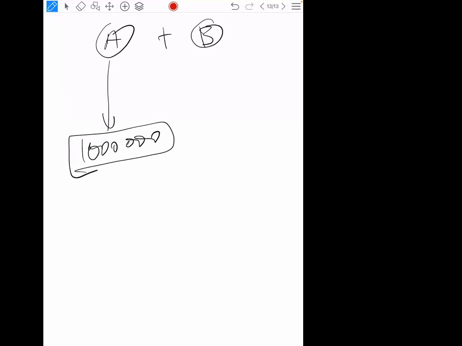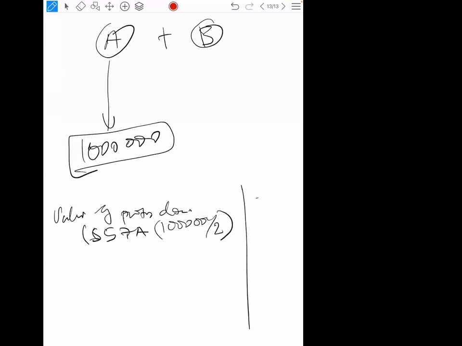Because they are married in community of property, you're going to say value of property donated, section 57A, 1 million divided by 2, 500,000. Because they are married in community of property, this section 57A says that now they are deemed to have donated together with B in equal shares. If they want the donation tax for B, it'd be the same calculation.